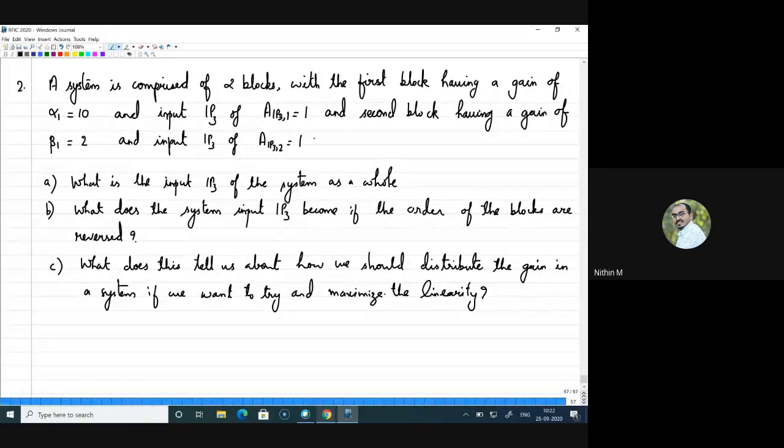Anand? Yes, sir. Anand, did you get the answer for the A part? Sir, I'm still doing, sir. Okay, okay. So you can directly apply the formula there. We know if you have two stages in cascade, what will be the AIP3 formula? You can apply the same formula there.